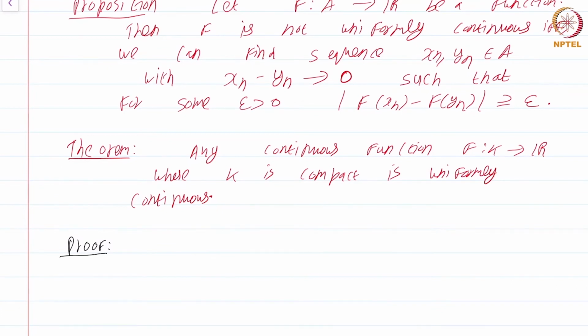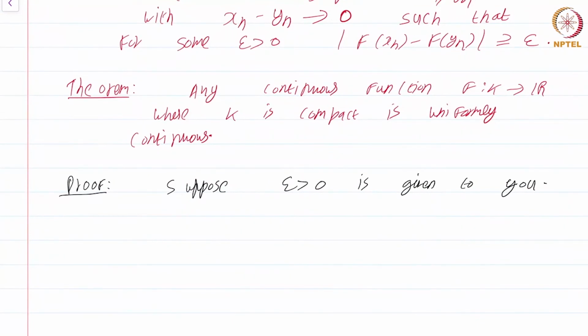Okay. Suppose epsilon greater than 0 is given to you. I have to find a delta greater than 0 that is independent of the point x in K but depends only on epsilon, such that the epsilon delta definition is satisfied for every point in the set K. Okay.